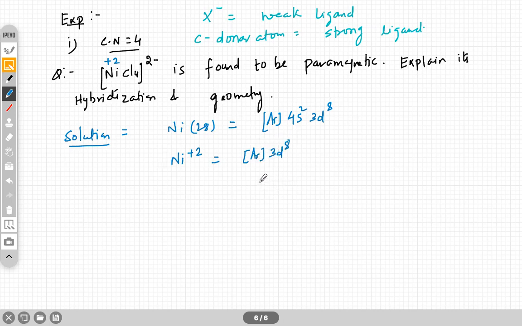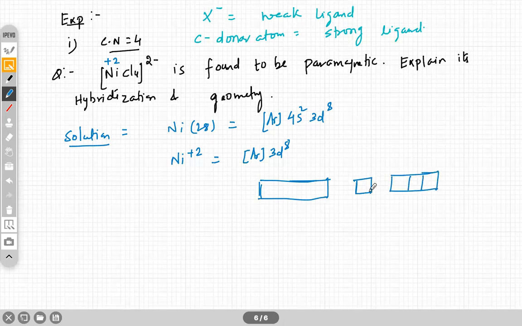So if I draw the orbital diagram here, this is 3d, this is 4s, and this is 4p. 3d has 8 electrons.